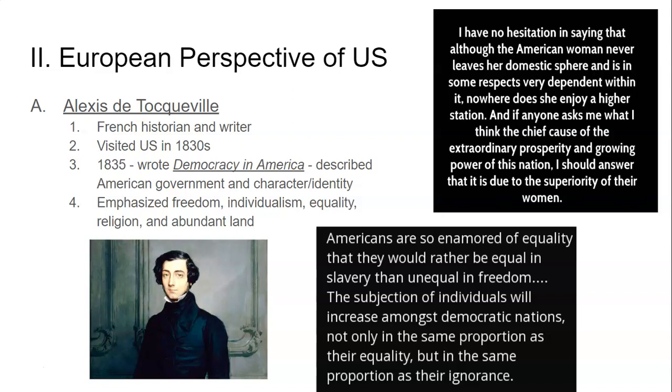He also talked a lot about religion and how America was really founded with these religious undertones, and how America's focus on Christianity made it morally good. And that was a guiding light for the people in America. And he also talked about how much land was available and how that was so different from European countries as well. So these are some of the things that made America different from other countries in the world in the early 1800s.